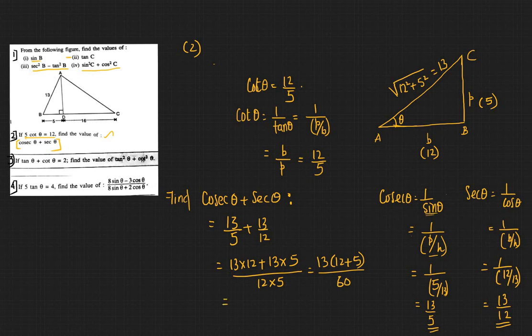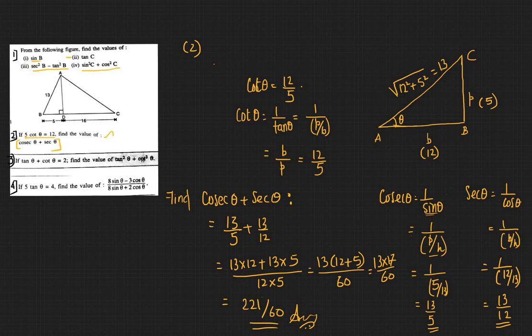So here we have 13 into 17, right? So this is 13 into 17 divided by 60. That'll be 221 divided by 60. So that's your answer.